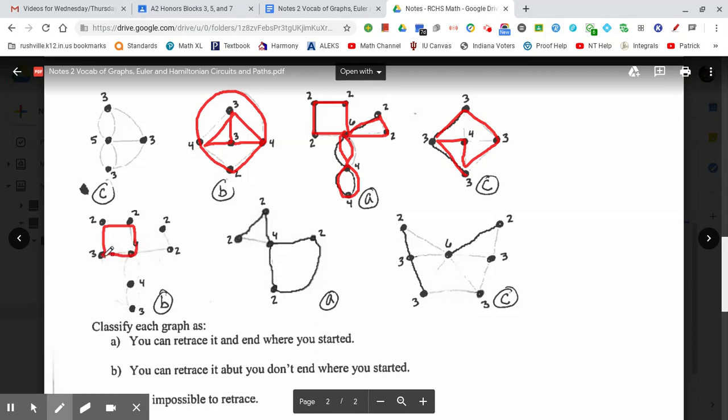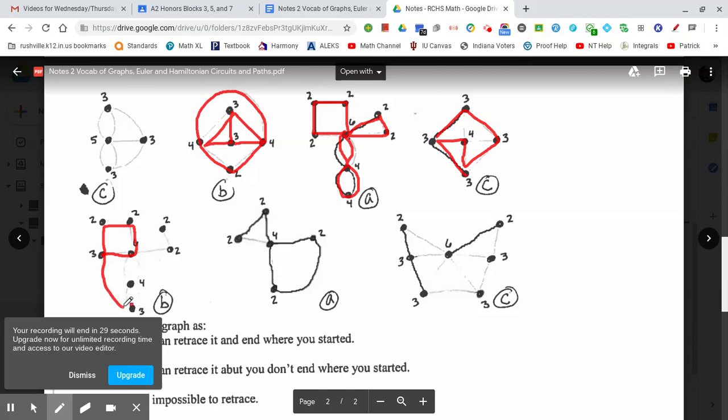This one you can't see very well, but there was actually an edge going here. So I started here and ended here. This one was an A, which meant I could retrace it. And this one was a C, where I tried to retrace it and it just didn't work. In the next video, we're going to make some conclusions about these graphs.